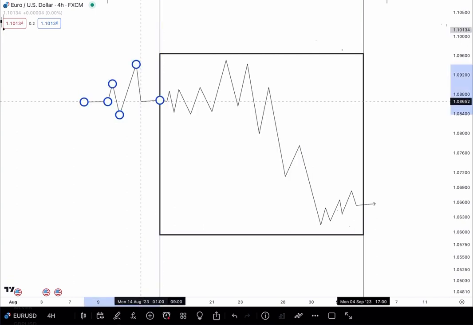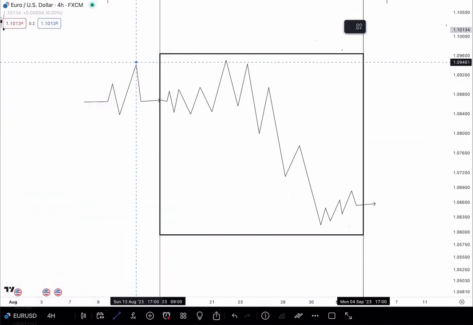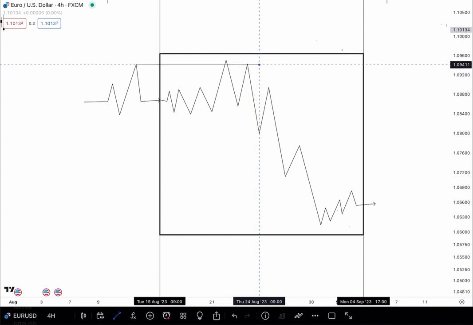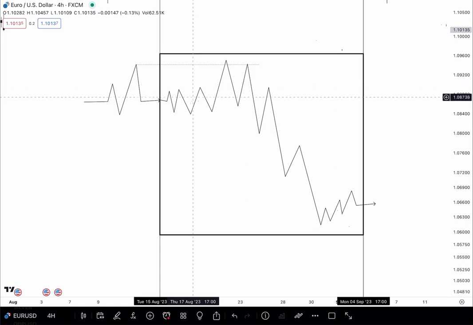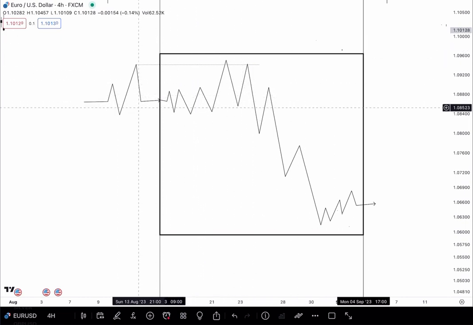Right, twisted candle. A liquidity pool inside of a higher time frame PD array. Above the opening price of the candle you are trying to trade.